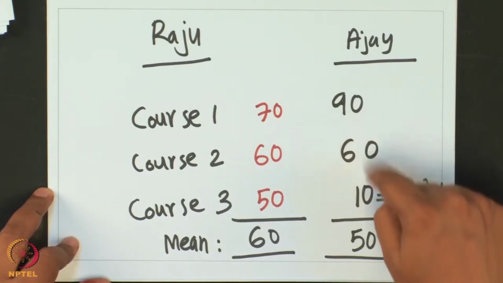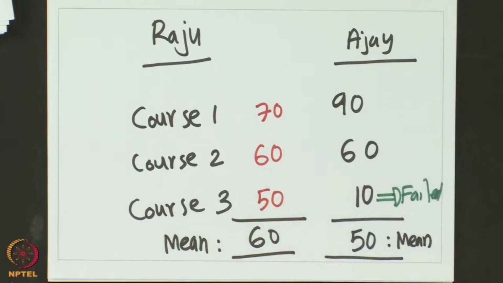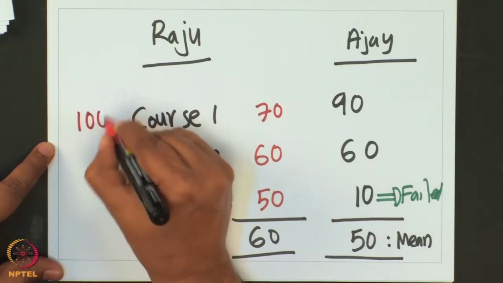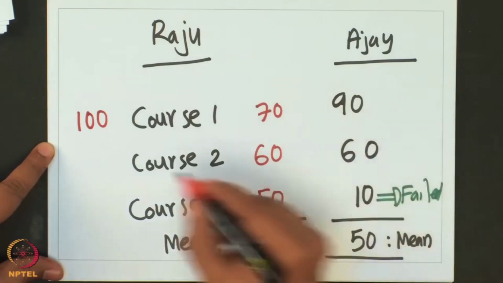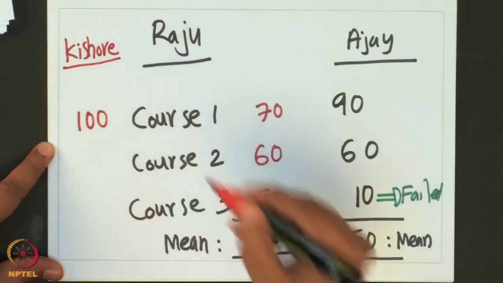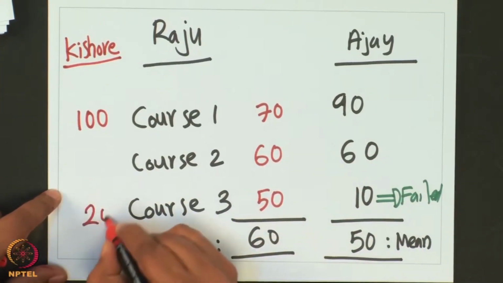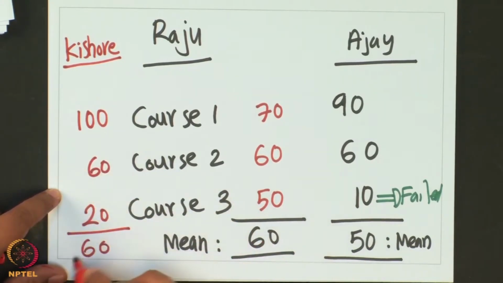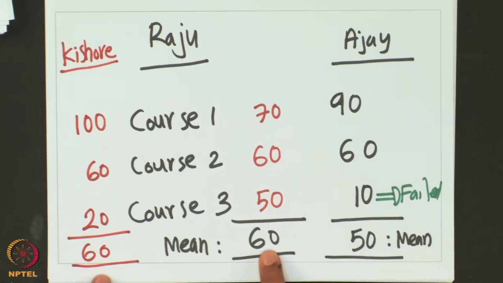So this kind of information is lost. Similarly, a fourth person, Kishore, could have a different set of numbers, which is 100, 20 and 60. This would have the mean 60. So here also the mean of this and the mean of this is exactly the same.